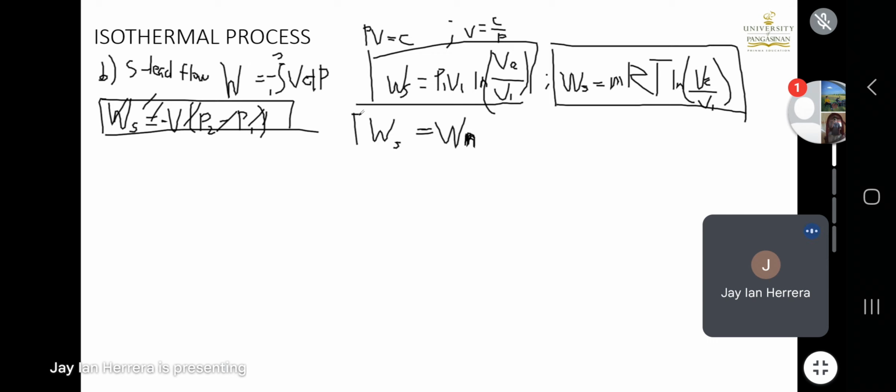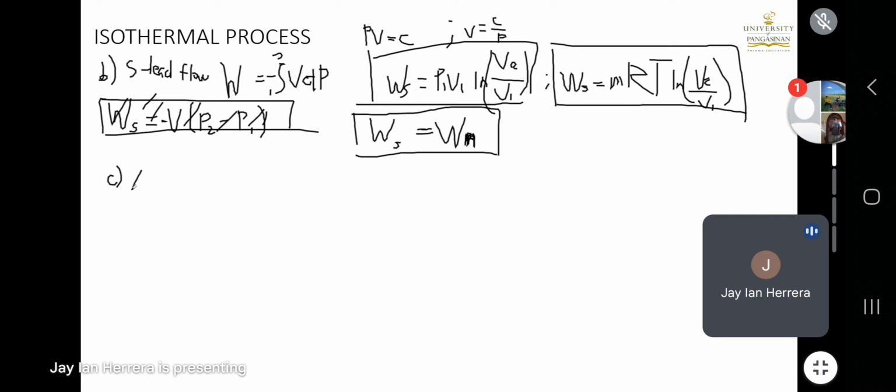Tandaan nyo lang yun. So pag tinanong sa problem is, what is the work steady flow given that the work non-flow is ganito? Ginawang bonus yung question. Ayun lang.